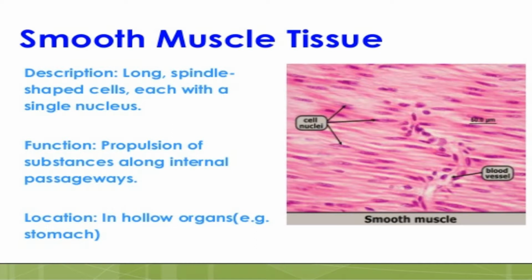This is particularly important in the digestive system, in which the action of smooth muscle helps to move food along the gastrointestinal tract as well as break the food down further. Smooth muscles also contribute to moving fluids through the body and to the elimination of indigestible matter from the GI system.